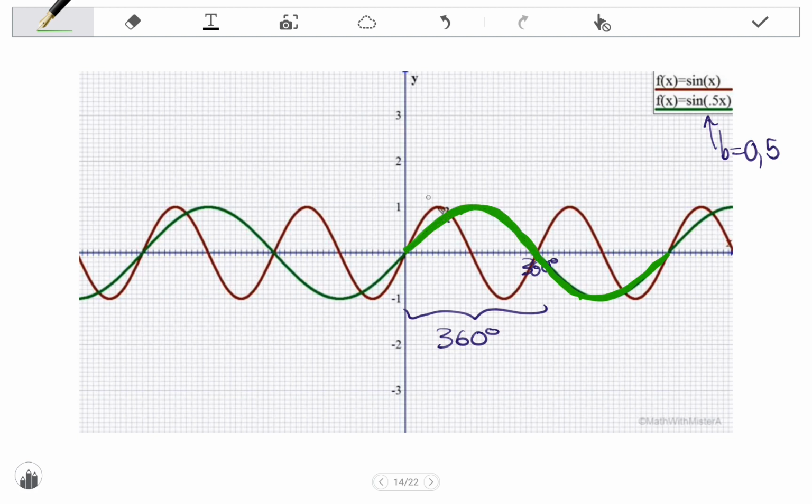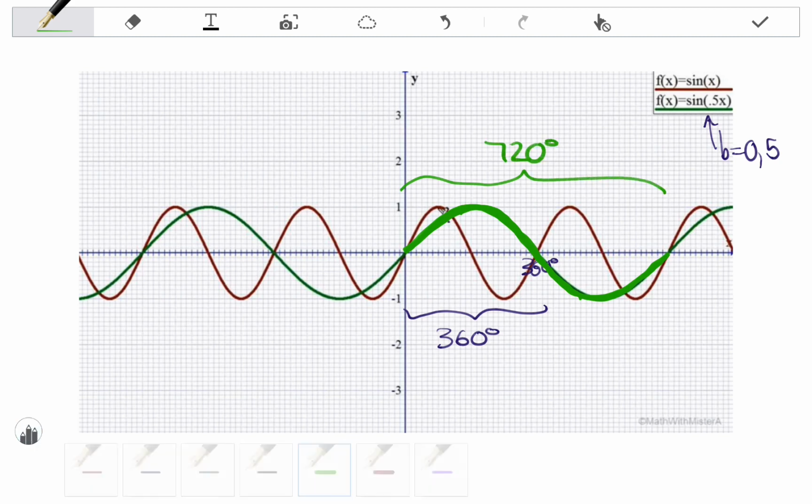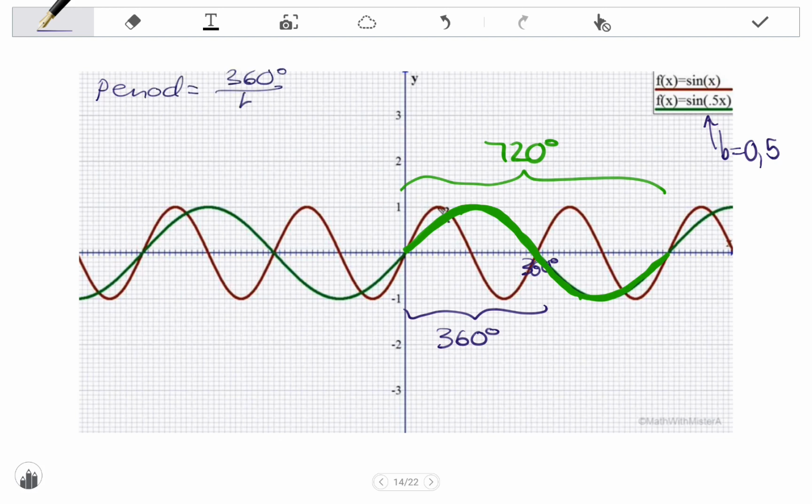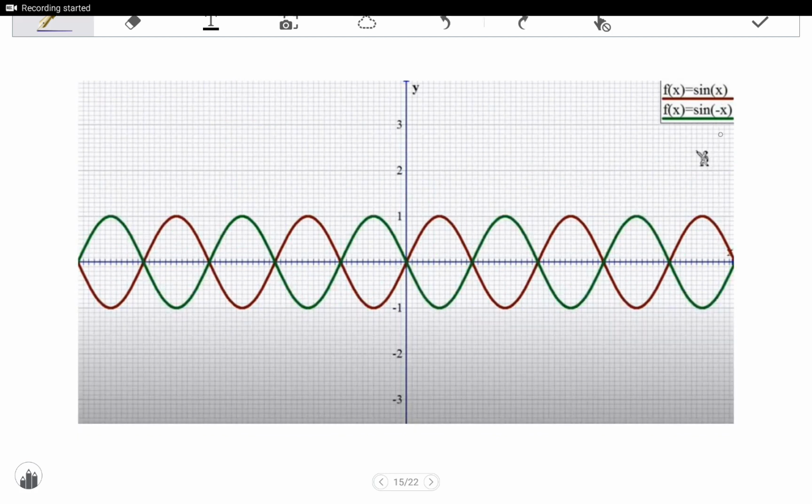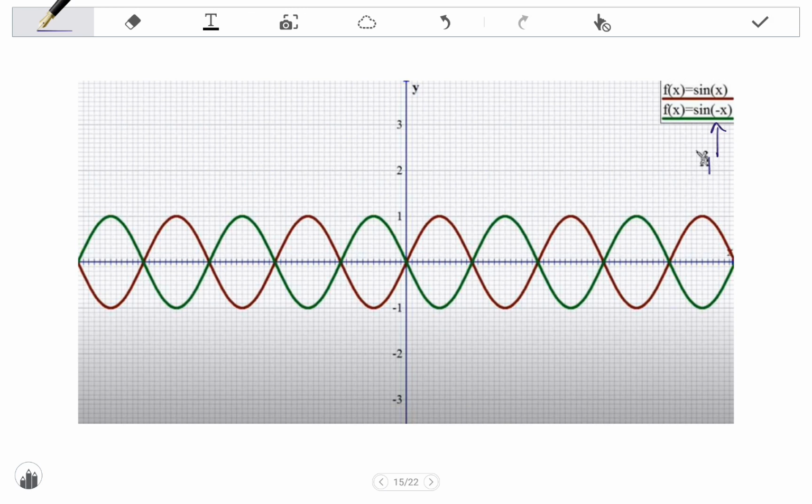So its period is 720 degrees. Just looking at the formula, if our period is 360 degrees divided by b, that would be 360 degrees divided by half, which is 720 degrees.